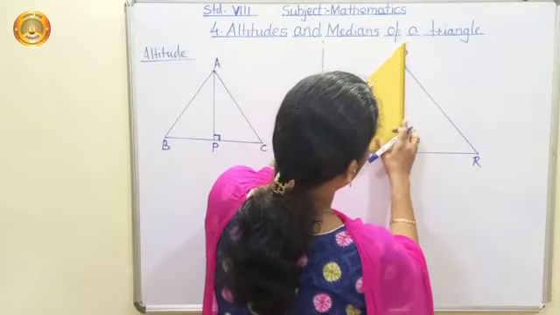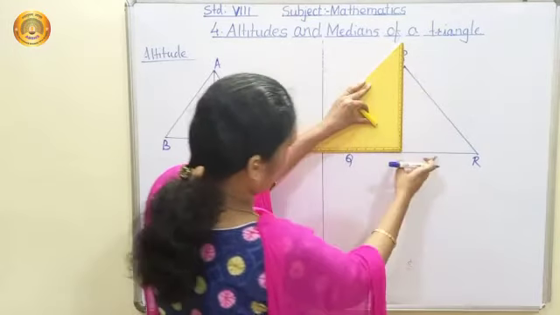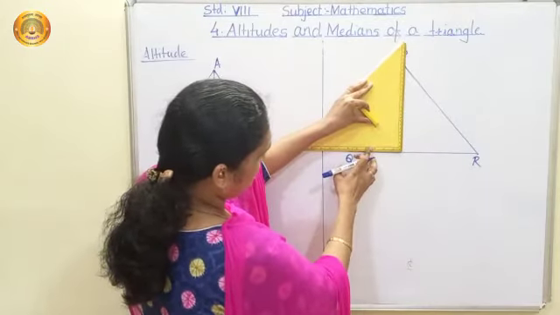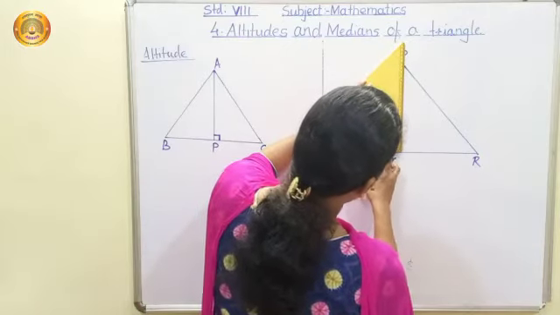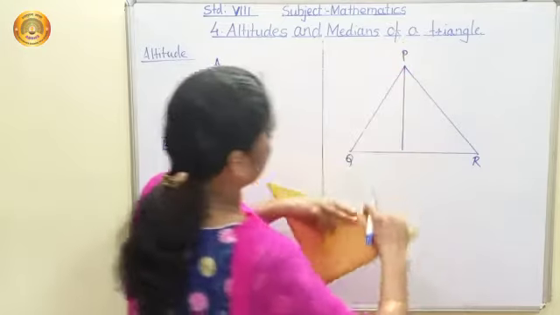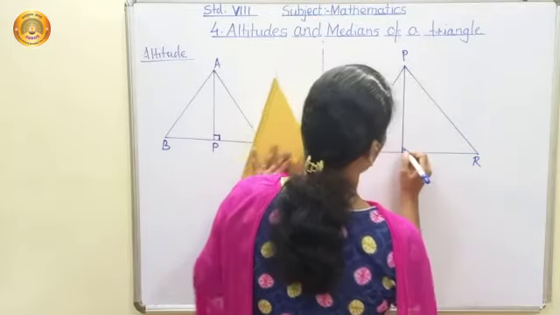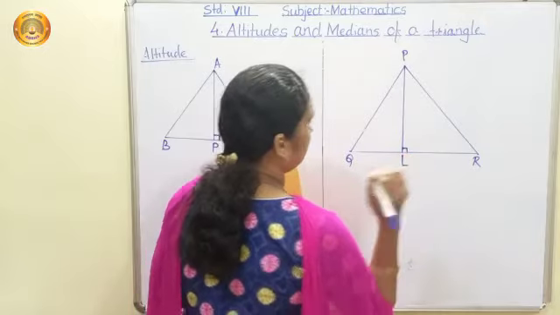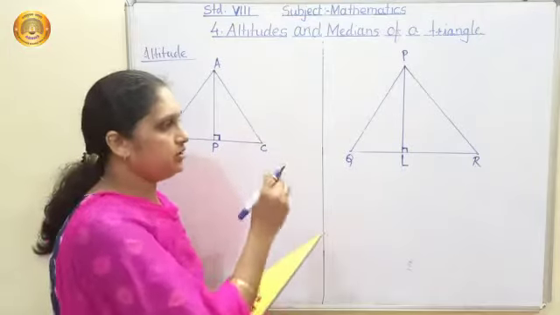And here also, see your point P should be along this side and QR should be exactly along the other side. And now slowly draw it. Now exactly match to the base. So this is your altitude. Now I'll give the name L here. So PL is the altitude of triangle PQR.